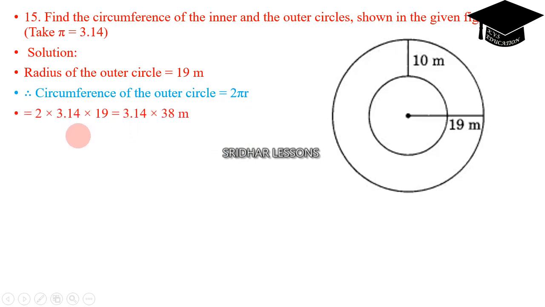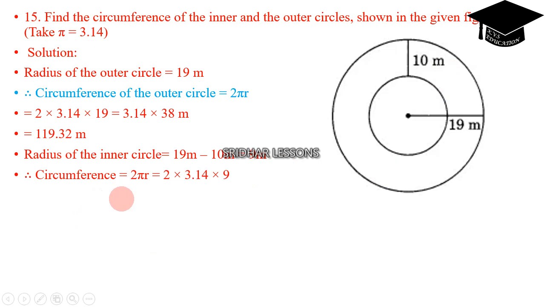This is equal to 2 into 3.14 into 19, which is 3.14 into 38, that is 119.32 meters. The radius of the inner circle is 19 meters minus 10 meters, which is equal to 9 meters.